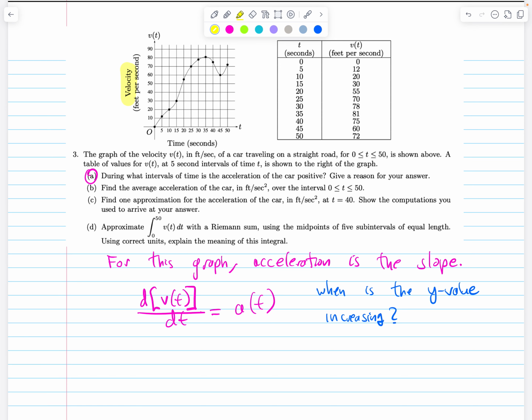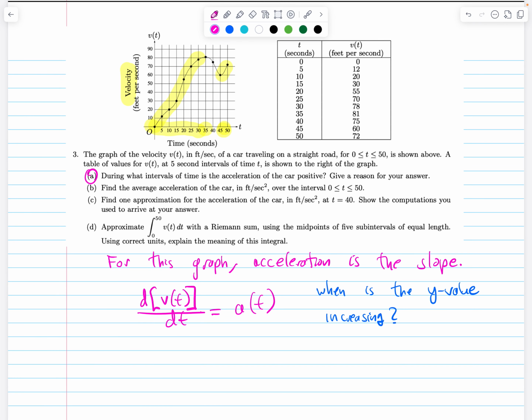So it looks to me like the velocity of the car, and therefore the y value of this graph, increases from about 0 to 35, and then again from about 45 to 50.